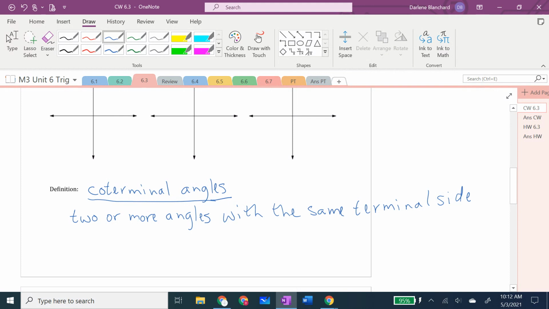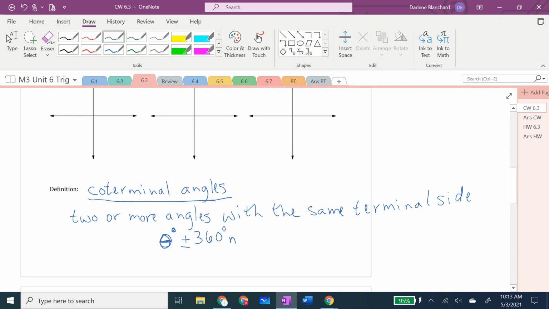And if you know one of those angles, let's just say we'll call it theta degrees, and you want to find any other coterminal angles, you're either going to add 360 degrees or subtract 360 degrees, any number of times.